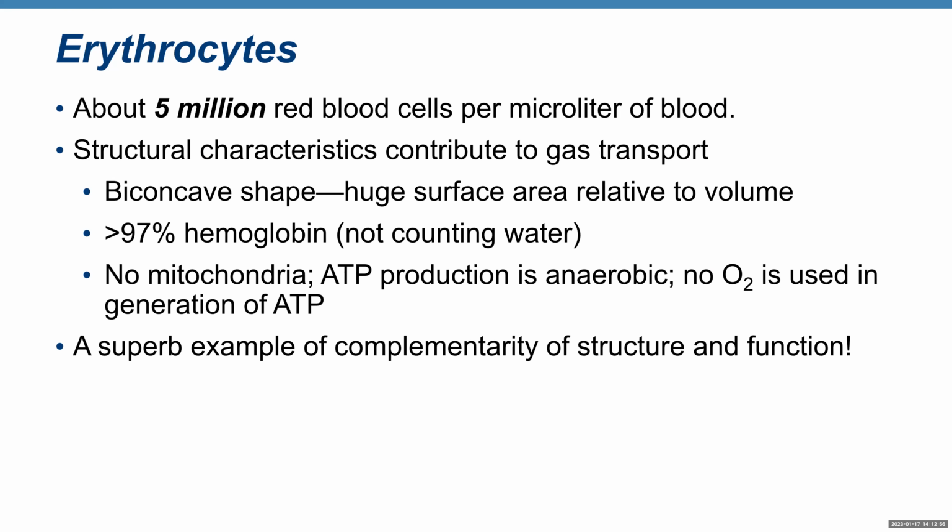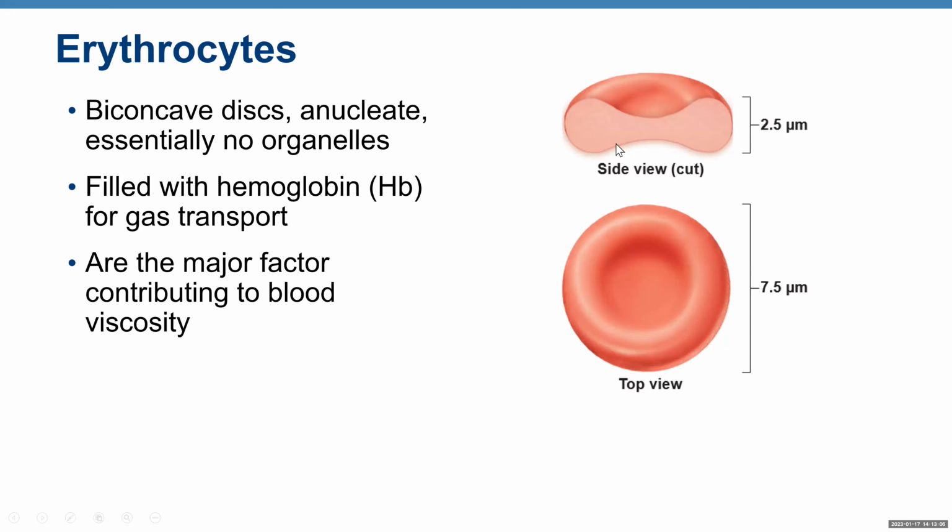Structural characteristics contribute to gas transport. It's the biconcave shape. If you go back to the previous slide, you can see what biconcave shape is. It's not just flat, it is kind of flattened in the middle. You see this biconcave shape on both sides.